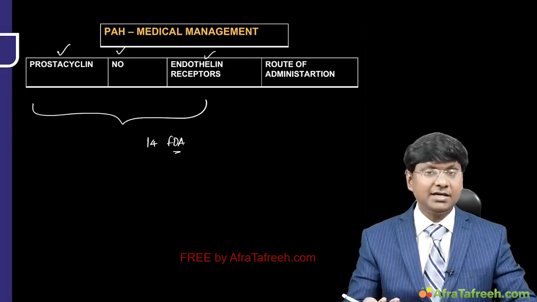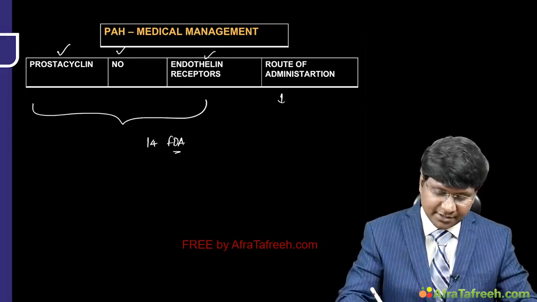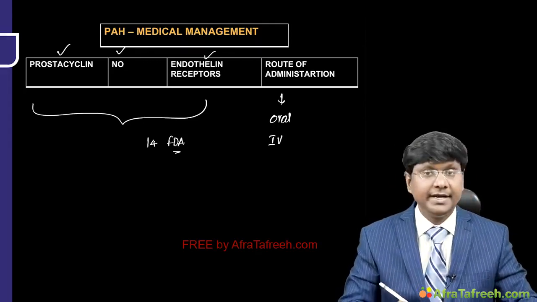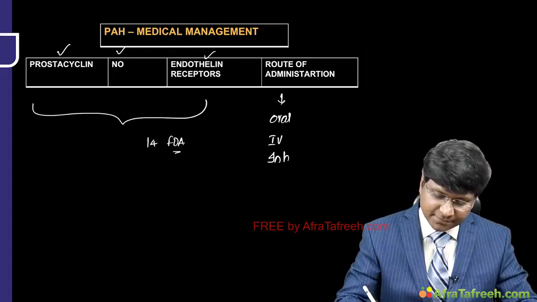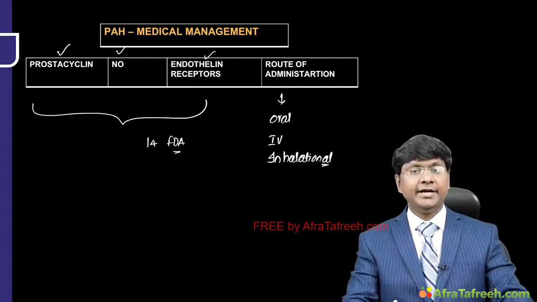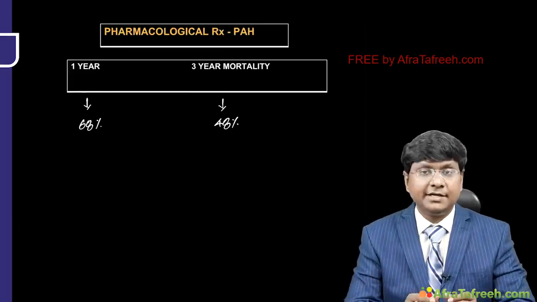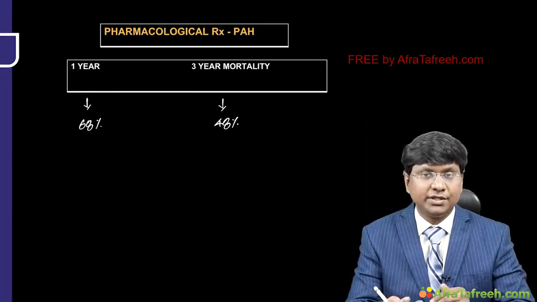And what are the various routes of administration of these drugs? These particular drugs are given through oral route, then intravenous, and as well as the inhalational route. So these are the various routes by which these prostacyclin, nitric oxide, and endothelin receptor antagonists are being used. Now, after the advent of the pharmacological therapy, what has happened to the mortality rate?